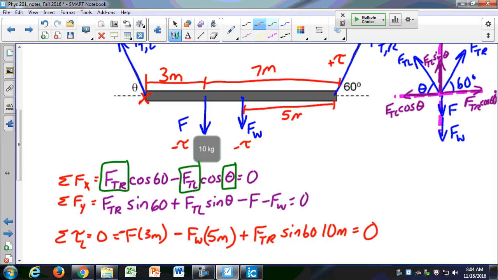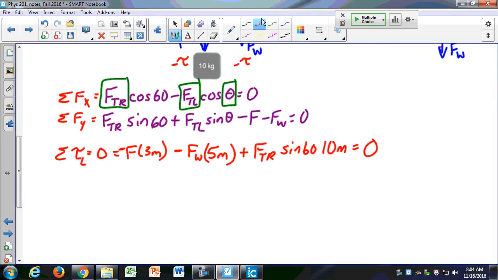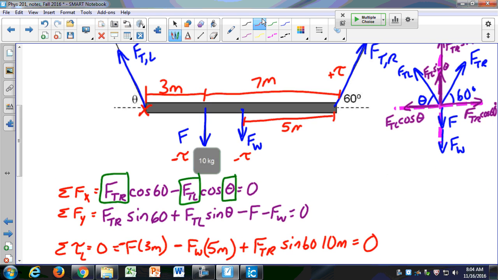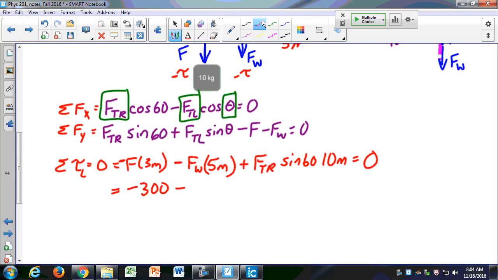So F is 100, so this is minus 300, minus, the bar has a mass of 100 kilograms, so FW is 1,000 newtons, so this is minus 5,000 newton meters, plus FTR times sine of 60, which is, I always forget, a half, I think.